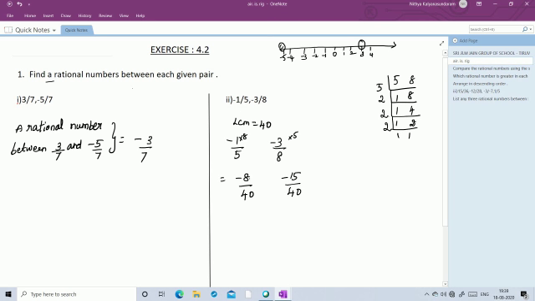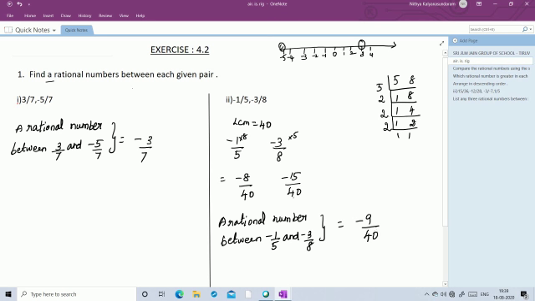After minus 8 comes minus 9, 10, 11, 12, 13, 14. So we have so many numbers, but only one number you can choose and write. So a rational number between minus 1 by 5 and minus 3 by 8 is minus 9 by 40.